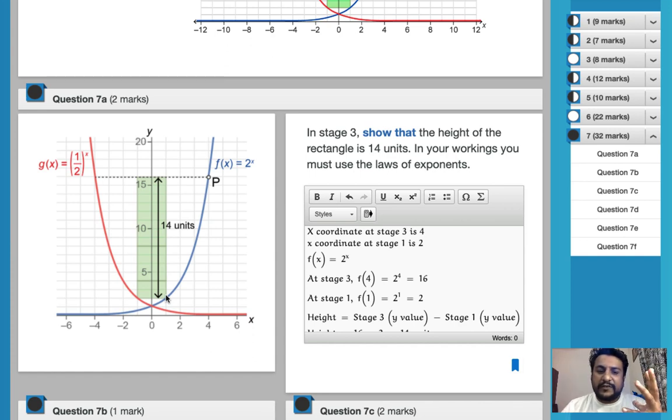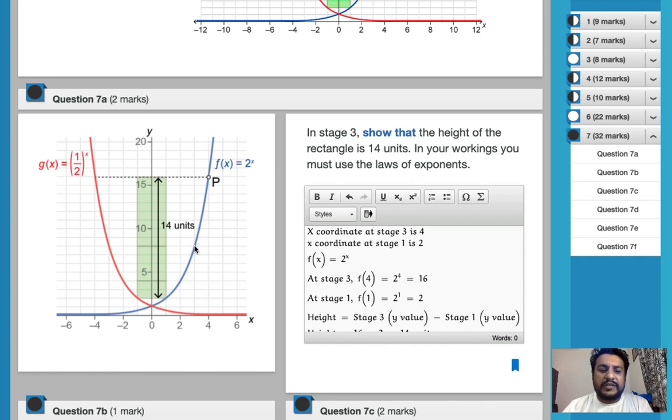Which means if I generalize, let's suppose it is stage 3, the value of P over here. This is your stage 1, this is stage 2, this is stage 3. If we take stage 2, the value of X is 1, so the x coordinate at stage 2 would be over here, 1, 2, that is 3.